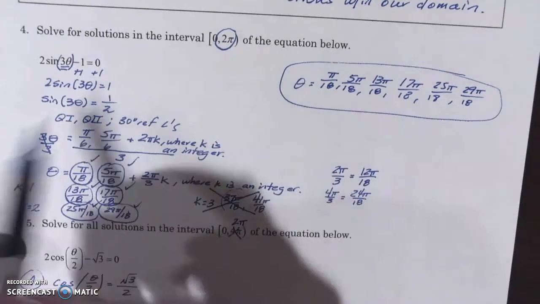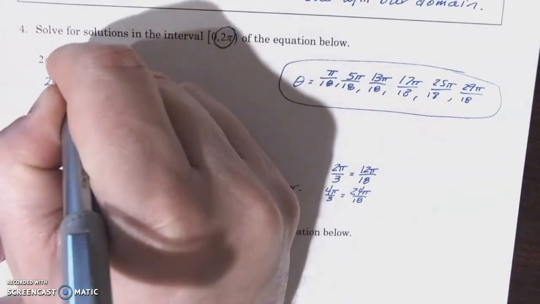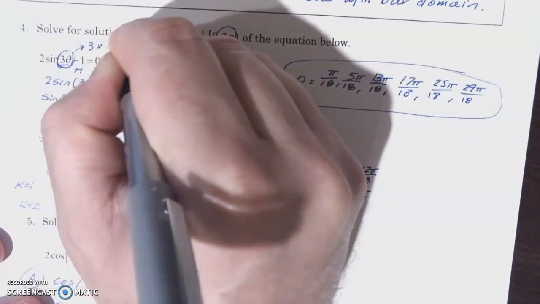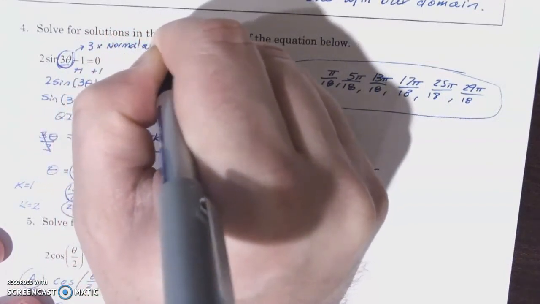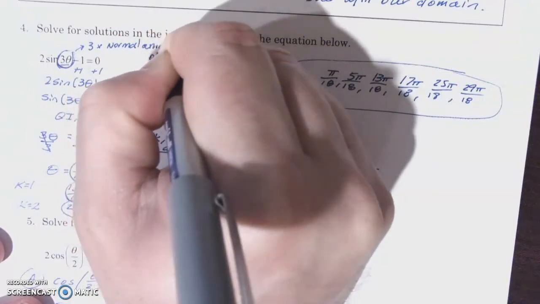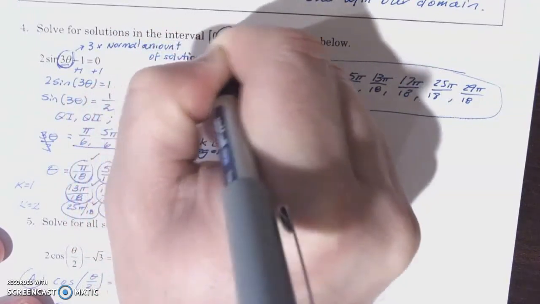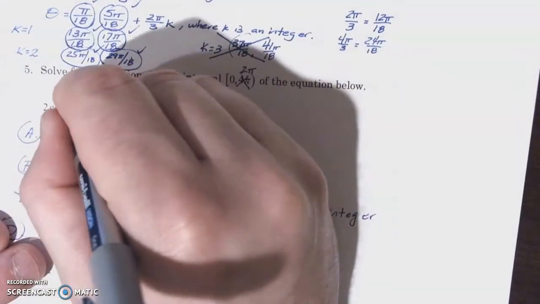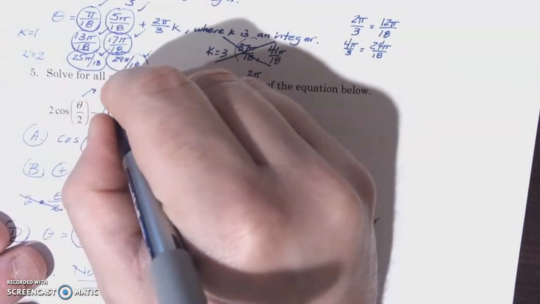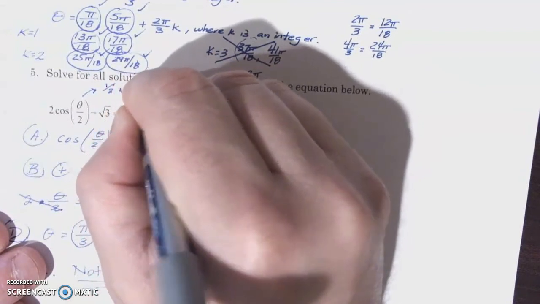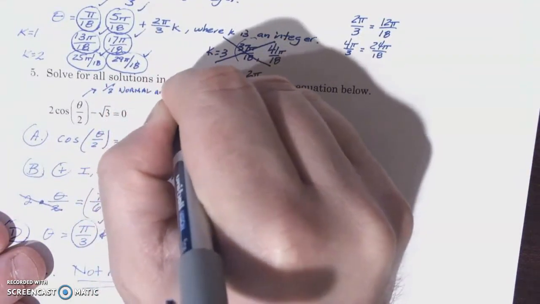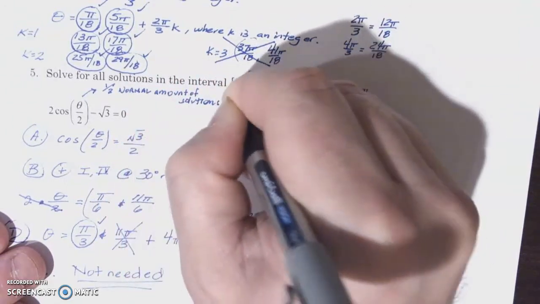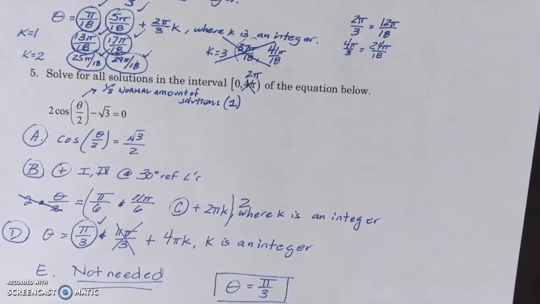All right, and start to play the game a little bit. 3 theta had 3 times the normal amount of solutions. In that case, there were 6. Theta over 2 had half the normal amount of solutions. All right, so you'll start to get the hang of it.